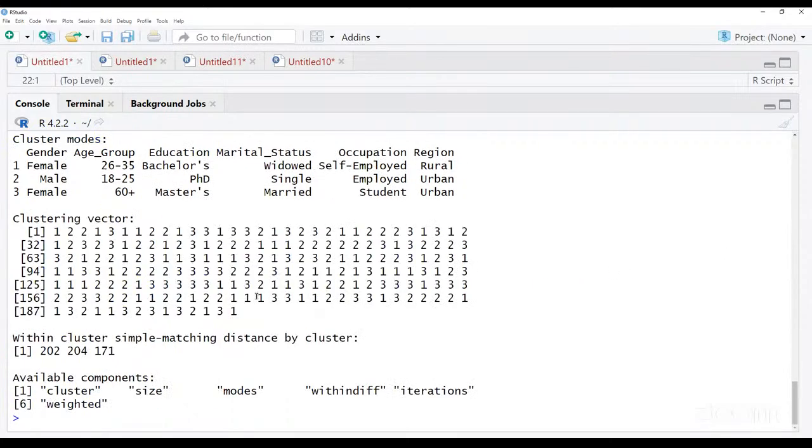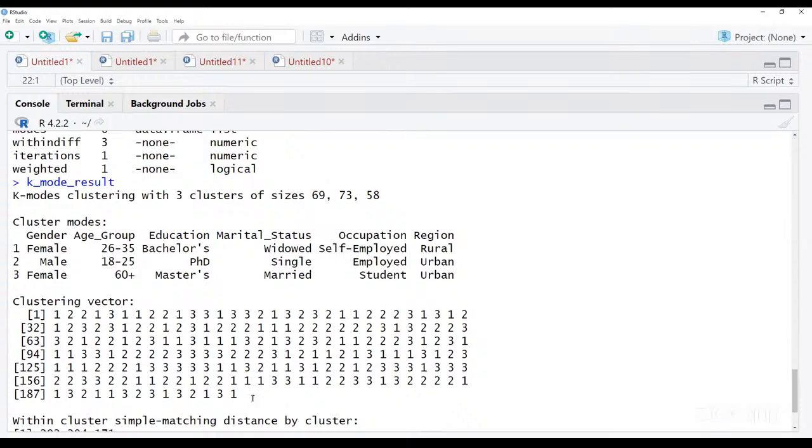Enter. So here you can find the cluster modes. 1, 2, 3, 4, 5, 6. 6 groups are there. And the clustering vector is 1, 2, 3, because we requested that the total data will be clustered into 3 groups. First group is 69. Second group is 73. Third group is 58.